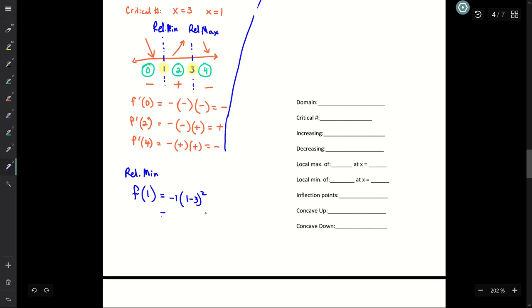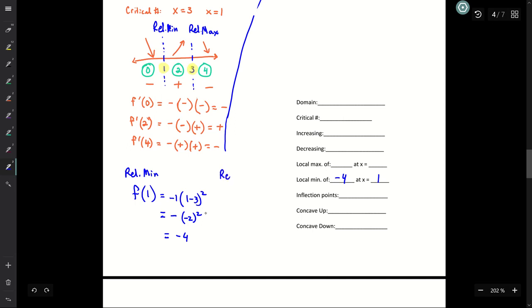So that's going to end up being negative. And then 1 minus 3 is negative 2. And then when I square negative 2, it would become positive. But because I have this negative out in the front, we're going to end up with a negative 4. Okay, and I'm going to come over here to the side and answer this question. We have a relative min of negative 4 when x is equal to 1.